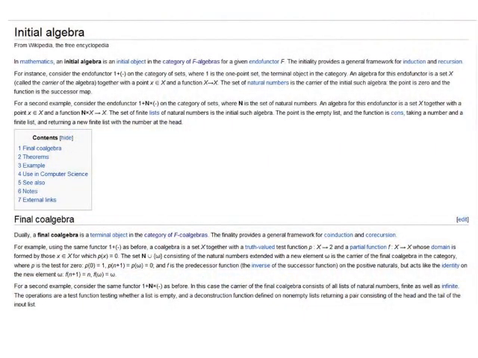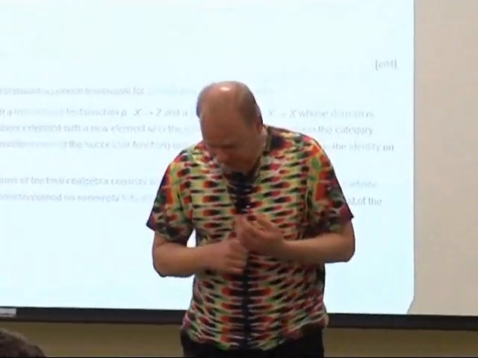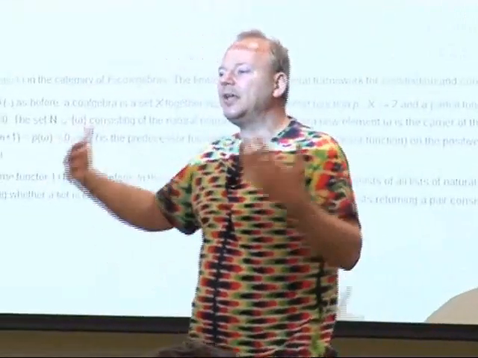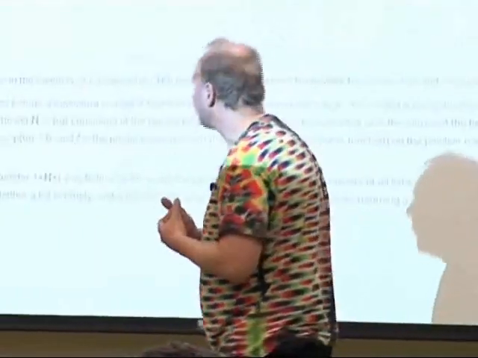Okay, so this was for lists. But now how do we do this with trees or other more complicated data structures? And the nice thing about category theory is that you can generalize from lists to any other data structure and define the same things. Okay?